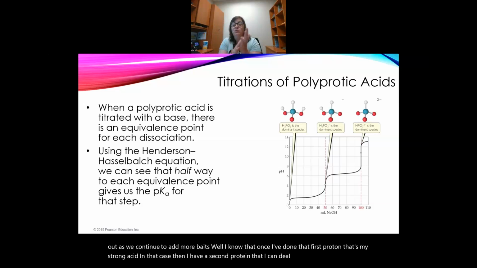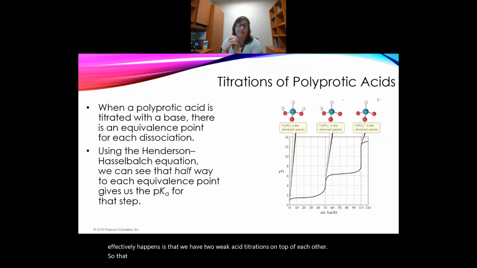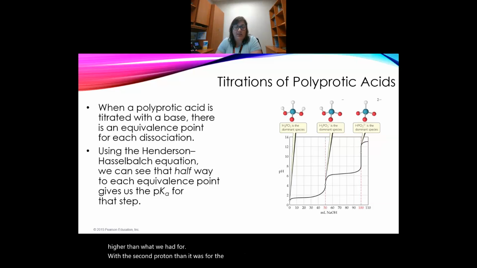And so what effectively happens is that we have two weak acid titrations on top of each other. So the pH after we pull off that first acidic proton is going to be higher with the second proton than it was with the first. And we're going to see the same sorts of characteristics in both of those.